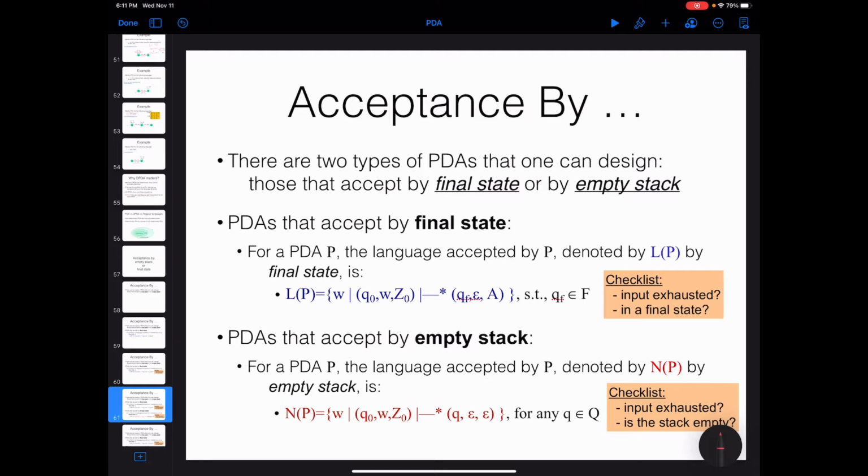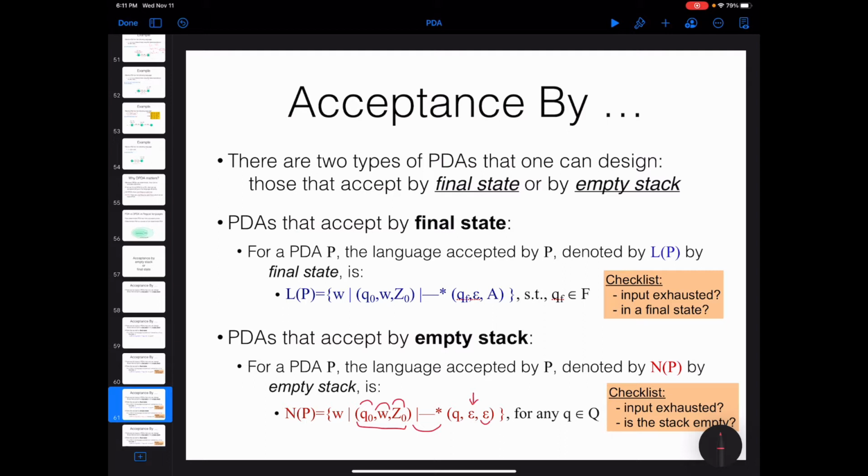If you design such a pushdown automaton, it accepts all strings W such that, starting at the initial state Q0 with the stack content Z0, after a couple of transitions you have read the full string, there is nothing remaining in the input, and the content of the stack is empty.